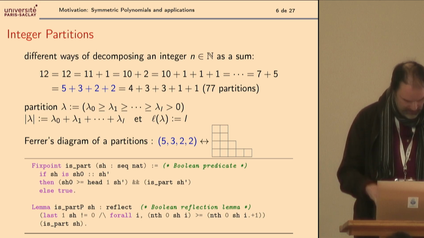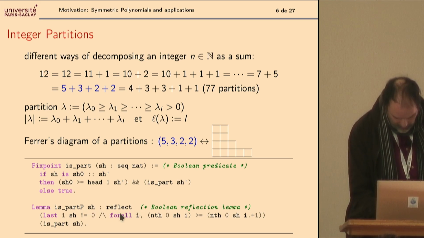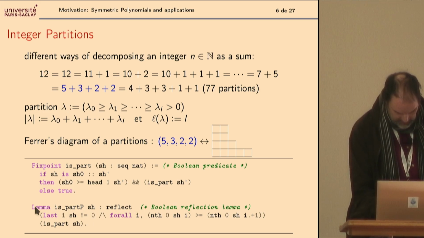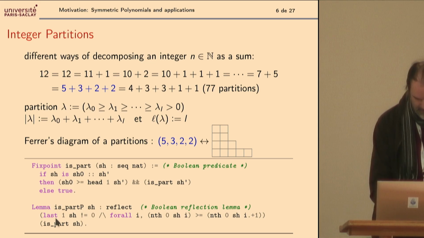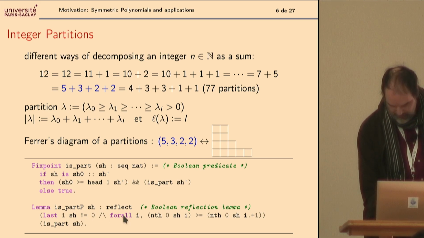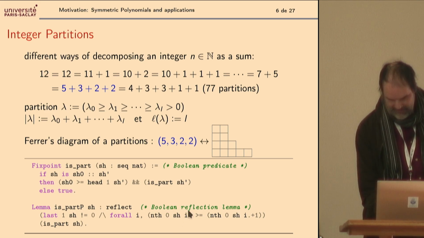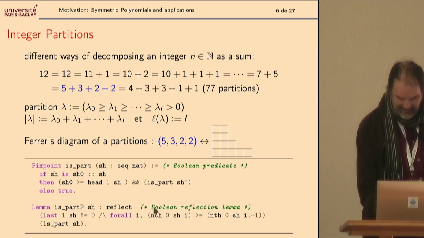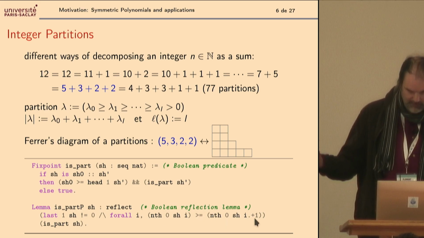And then using this reflect statement, I'm giving a statement which is equivalent, in this case, which means that the last element of the partition is not 0 and the partition is decreasing. The i-th element of sh is larger than the i plus 1-th. Okay?